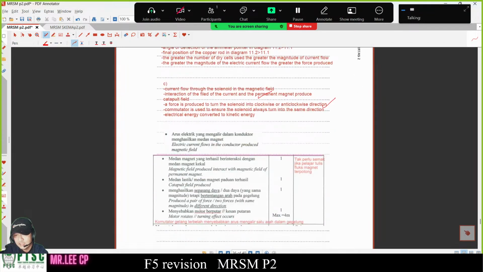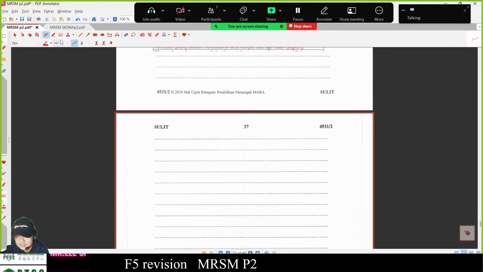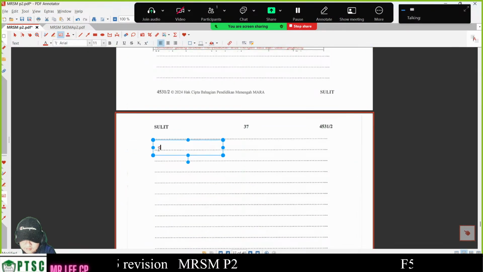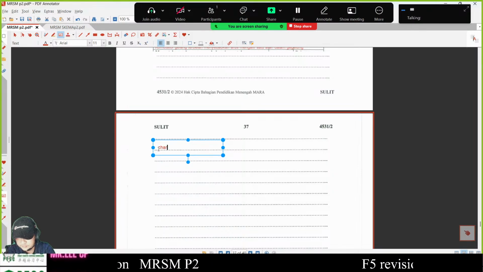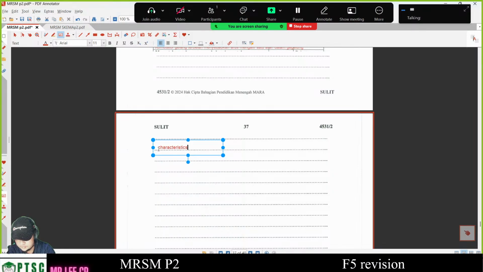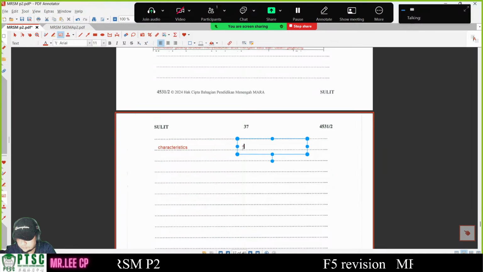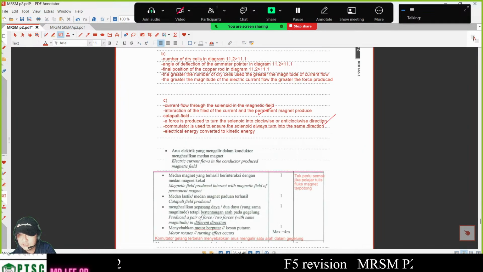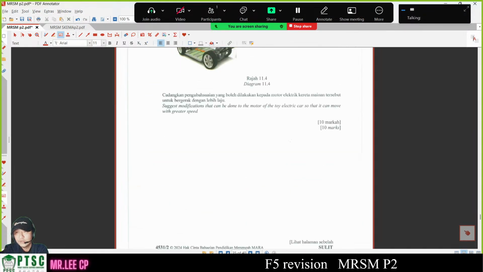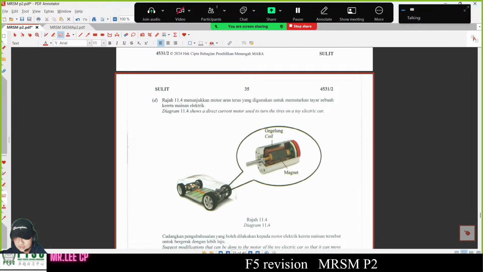They don't give you anything. Okay, you want to move it faster? So let me read again to see if anything is given or not.